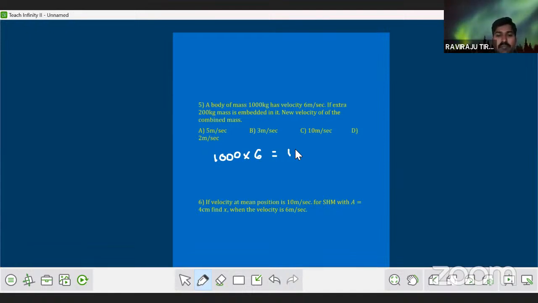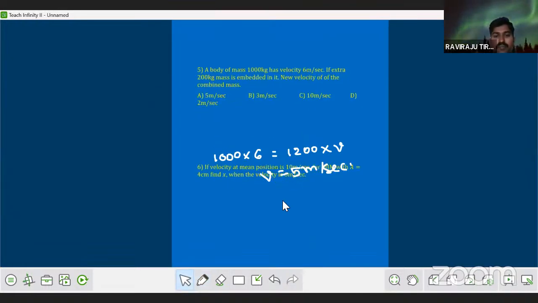And after that, what is the mass? 200 kg was added, so 1200 into the final velocity, we have to find out. That will be 6000 by 1200, that will be 5, I think. So velocity will be 5 meter per second. Such a simple question is given directly based on the momentum formula.